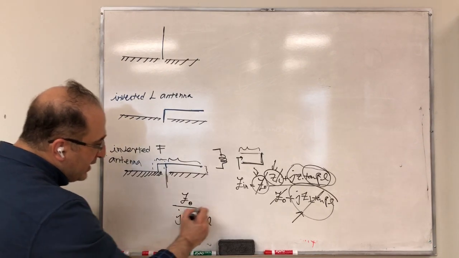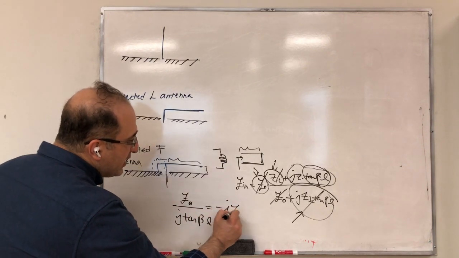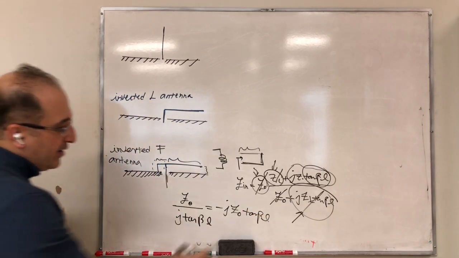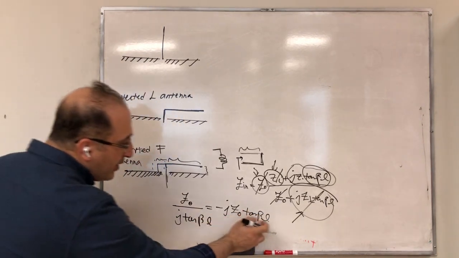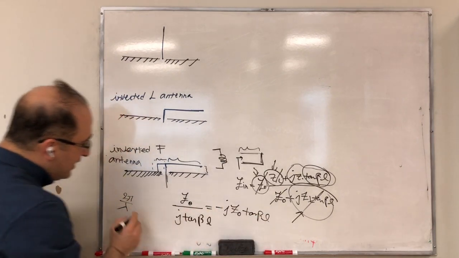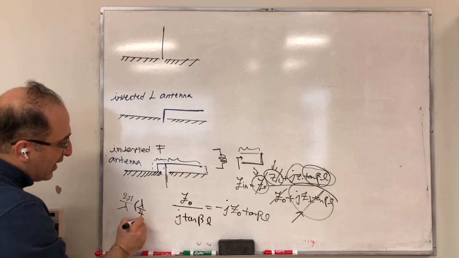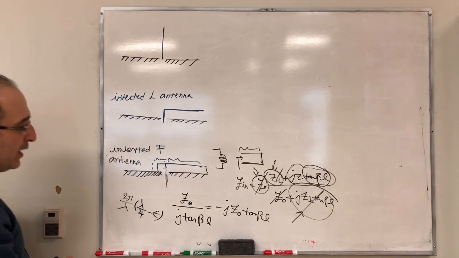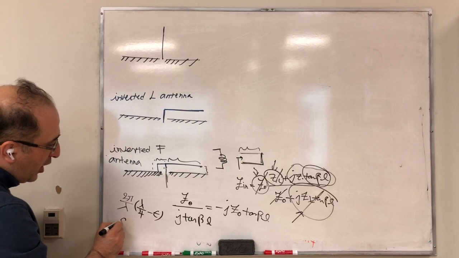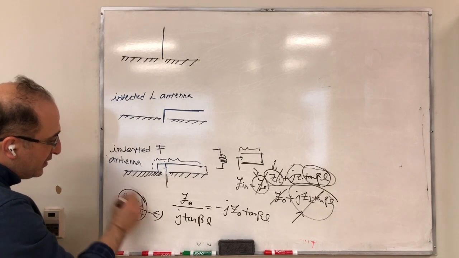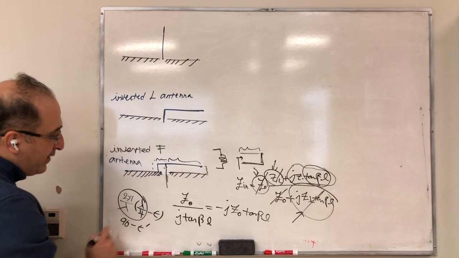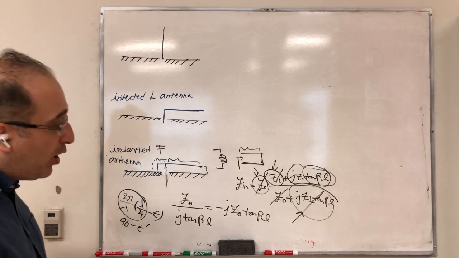Now, based on this, you're going to get minus j Z naught cotangent beta L. And this beta L is going to be 2 pi over lambda times L, and L is going to be less than lambda by 4. Therefore, this is 90 degrees minus something, and therefore the tangent is going to be positive.